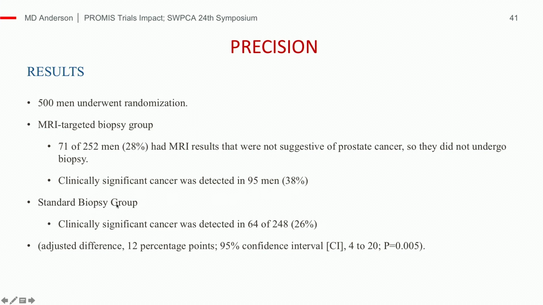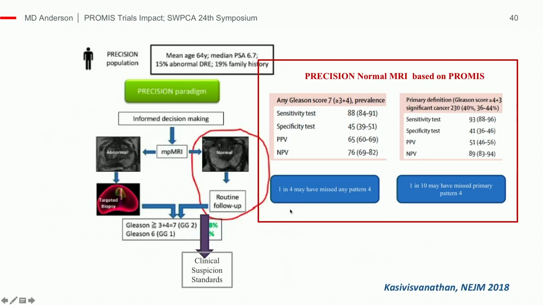In the standard biopsy group, in other words, they did have something on their MRI, but they didn't undergo an MRI fusion biopsy, the detection of clinically significant cancer was down to 26%. And this was a statistically significant difference in the detection of clinically significant prostate cancer between these two numbers here.